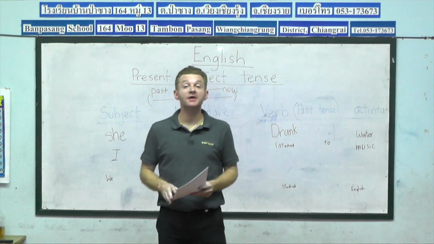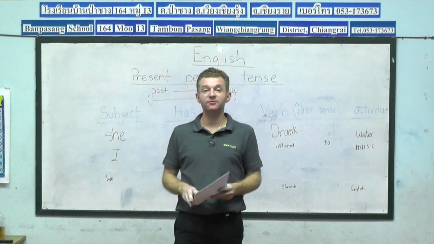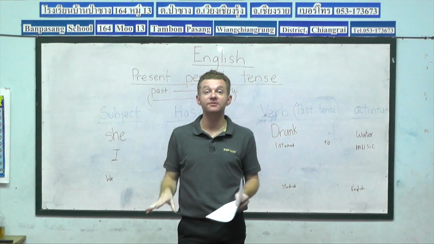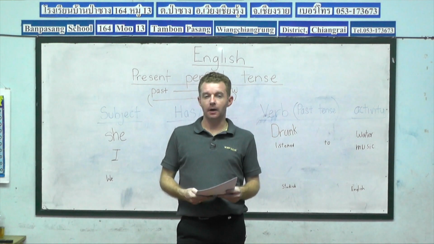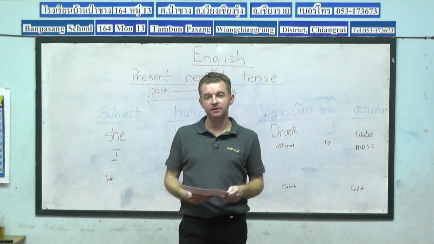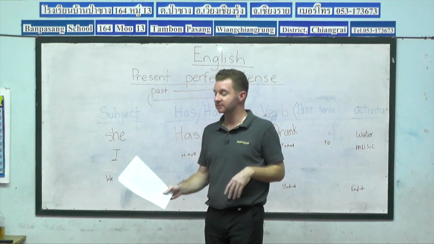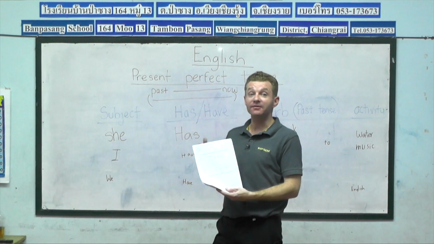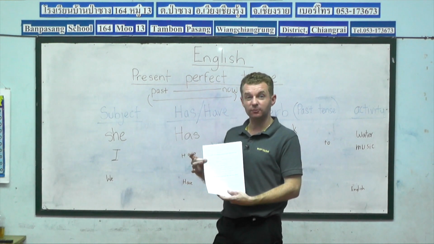And now it's time for our worksheet part of the lesson. So teachers, make sure all of the students in your class get their own worksheet. What they need to do on today's worksheet is 2 separate activities. The first one is to help them understand to use has or have with the correct subjects.